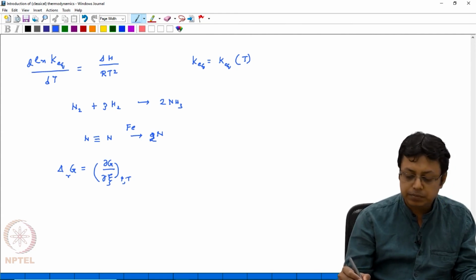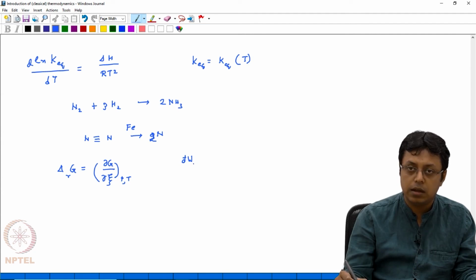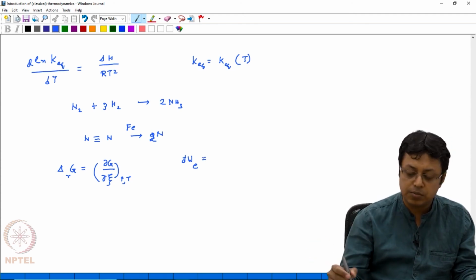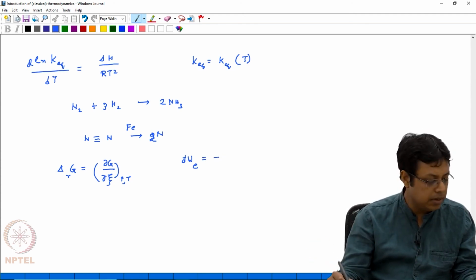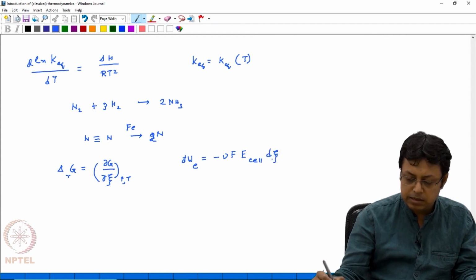And then we equate the differential work done, I am writing d-cross w again because the work done is not a state function, or this d-cross w is not an exact differential. The electrical work done, if you think that I am moving a positive charge across a potential, will be minus nu F E cell, where E cell is the electromotive force of the cell, times dξ.